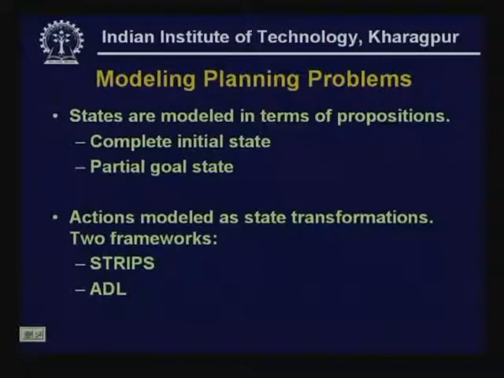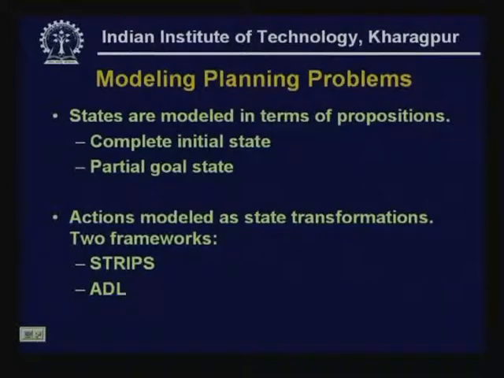So, when we model planning problems, states are modeled in terms of propositions, as we said, complete initial state and partial goal state. Now, we will look at how actions are modeled. So, actions are typically modeled as state transformations. To specify an action, we specify what transformation to the state space will be brought about by the execution of an action.